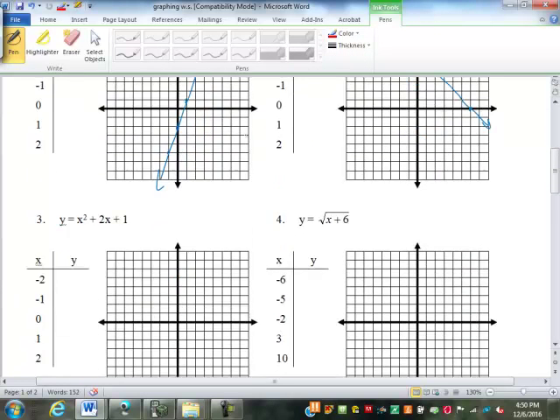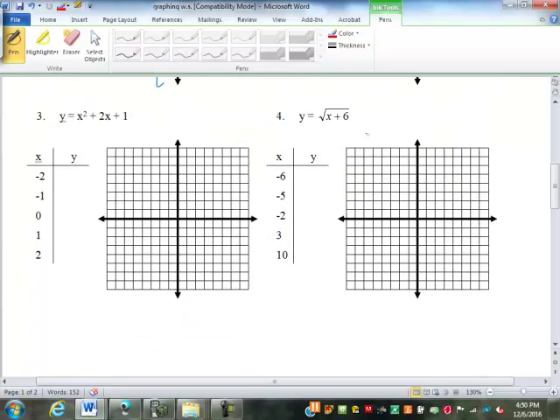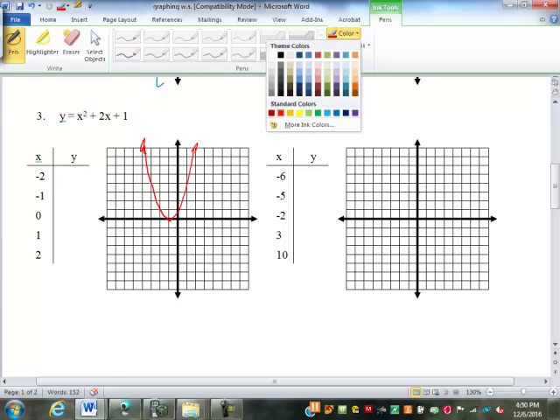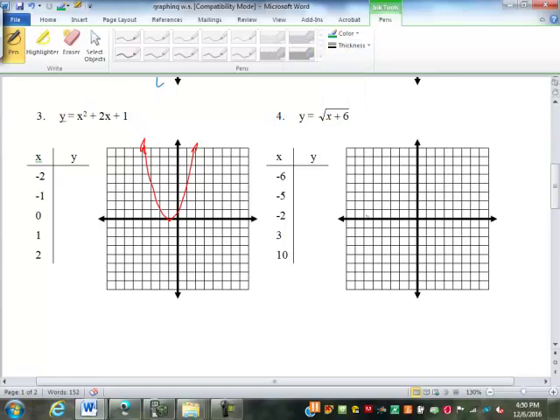For the third one, you curve something like that. For the fourth one, get something like that.